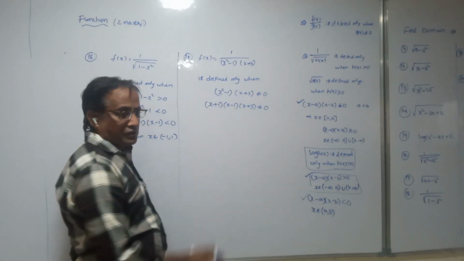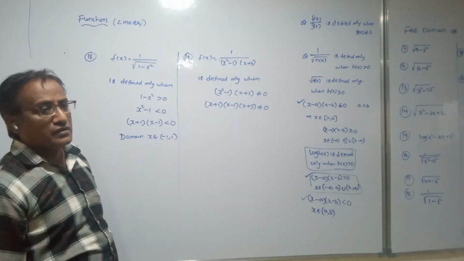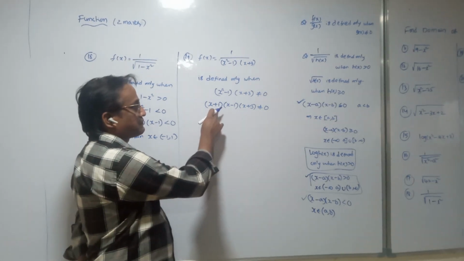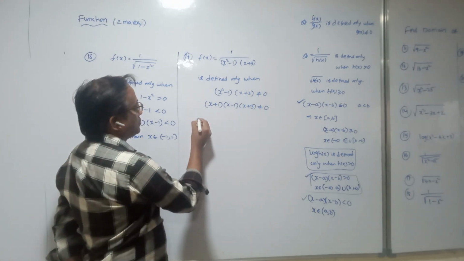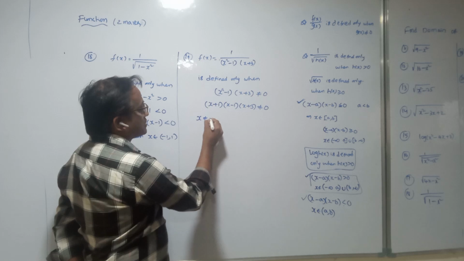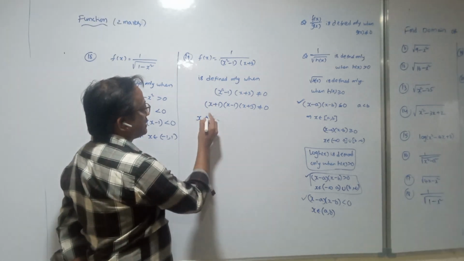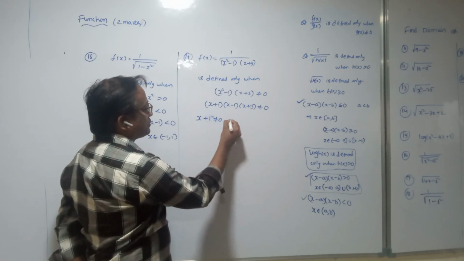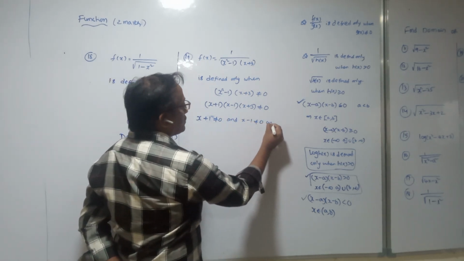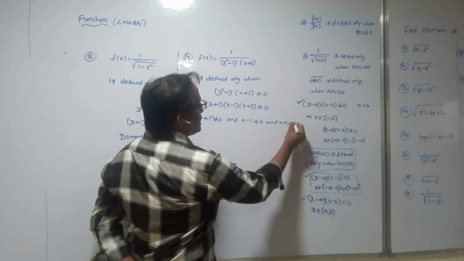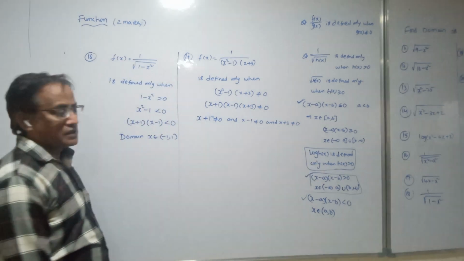Product not equal to 0 means none of them is 0. If any one of these factors is 0, you will get 0. So you need to have x plus 1 not equal to 0 and x minus 1 not equal to 0 and x plus 3 not equal to 0. All of them are non-zero numbers.